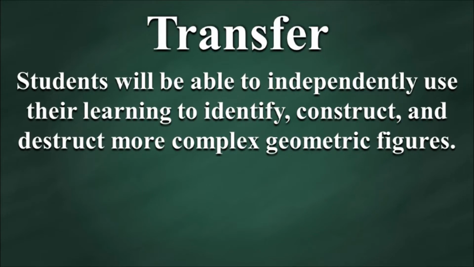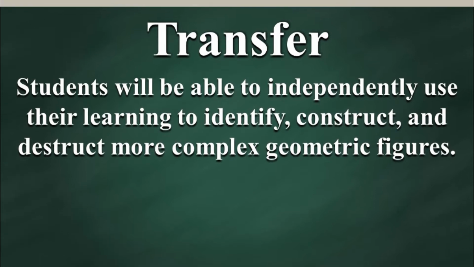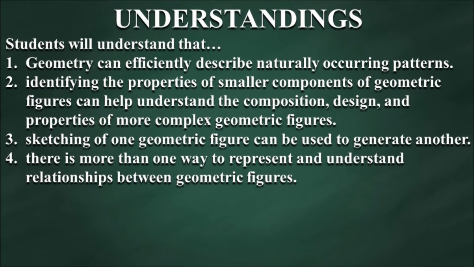Transference. Students will be able to independently use their learning to identify, construct, and deconstruct more complex geometric figures. Understandings. Students will understand that geometry can effectively describe naturally occurring patterns.